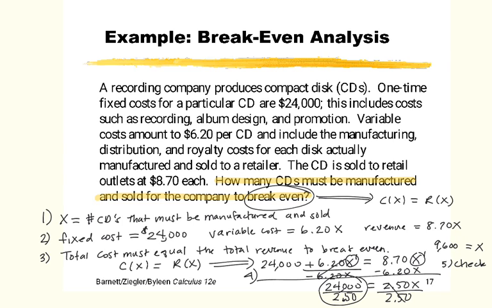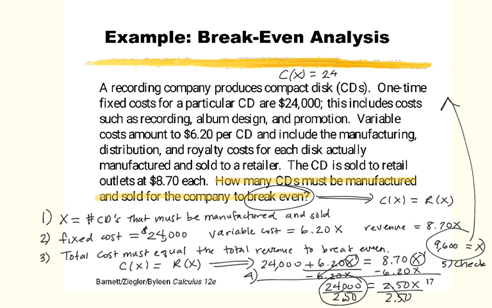So here I'm going to plug in 9,600 CDs into the cost function. Okay, and so in this case here, my cost function, let's move it up here. Okay, so let's say our cost is 24,000 plus, oh, I need more room. Okay, so let's move it here.